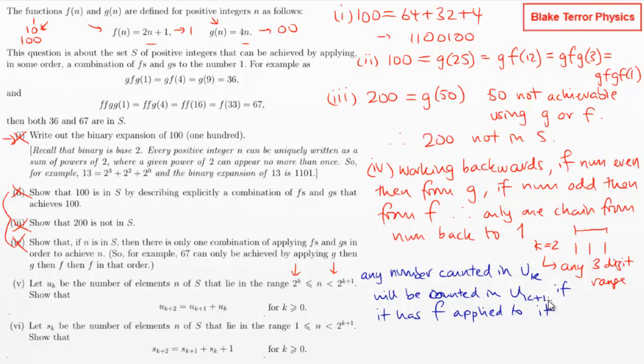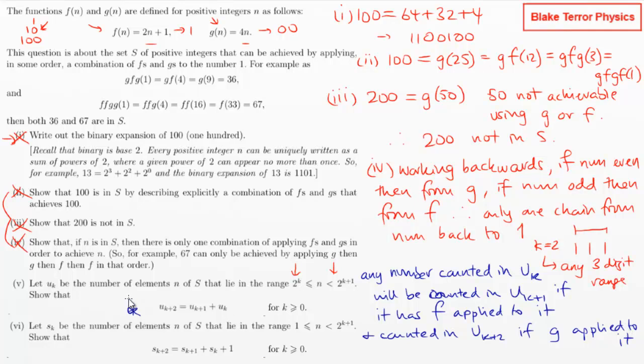And it will be counted in UK plus 2 if G is applied to it. Right, so that's nearly where we are, isn't it? So UK goes into UK plus 1 or it goes into UK plus 2. Right, well, this is counted in that. But that's not quite this equation, is it?